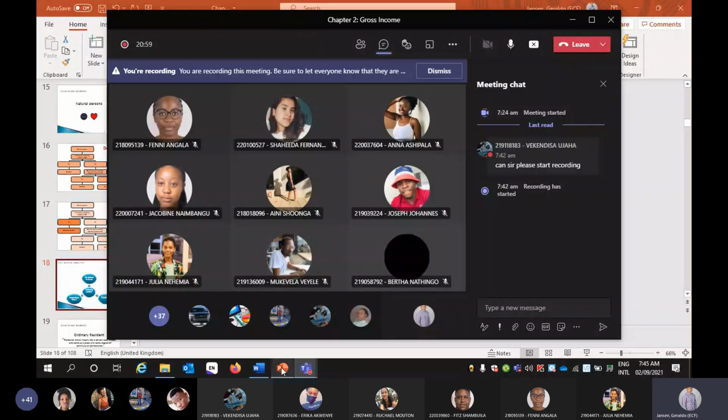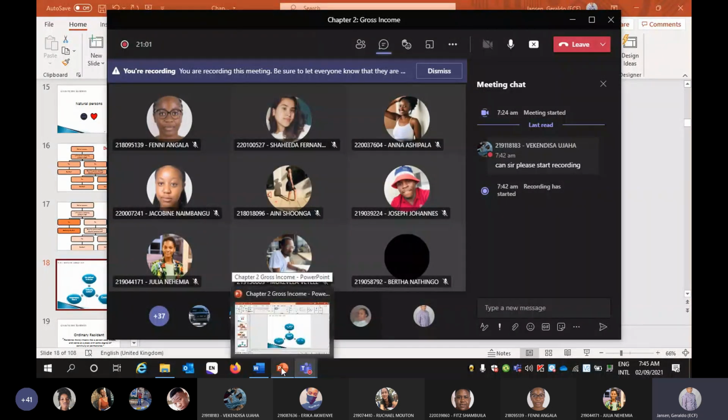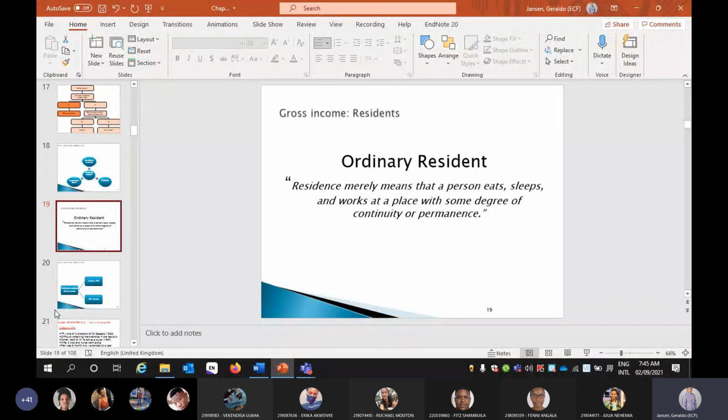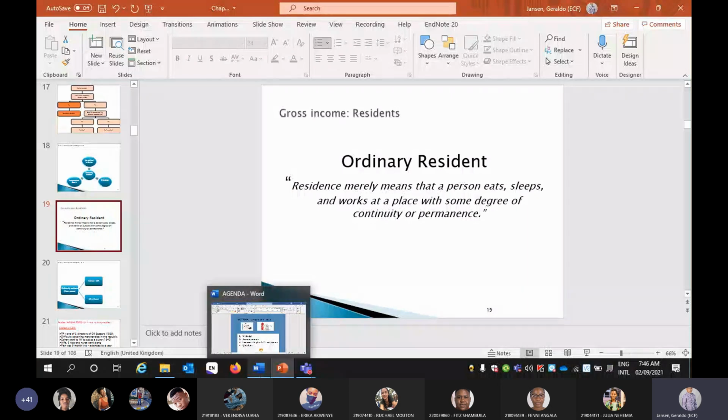So you need to be able to produce the principle. Okay, now we defined the ordinary resident. We said if you do something continuously or on a permanent basis, such as eat, sleep, and work, and the place where you work, then you can be referred to as an ordinary resident.